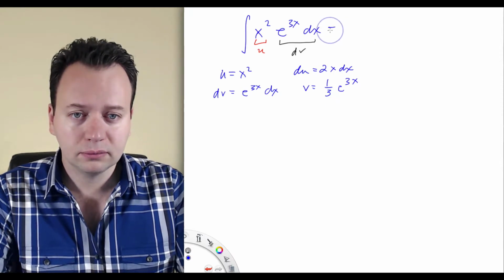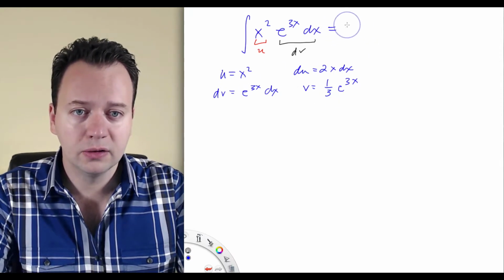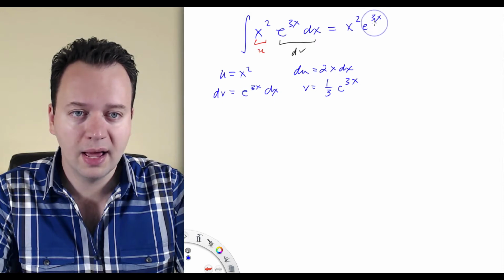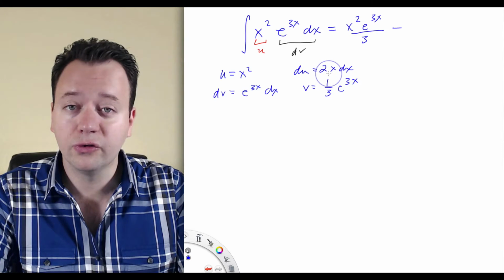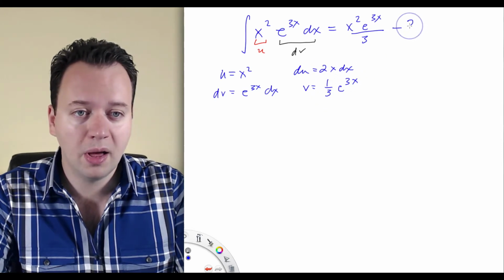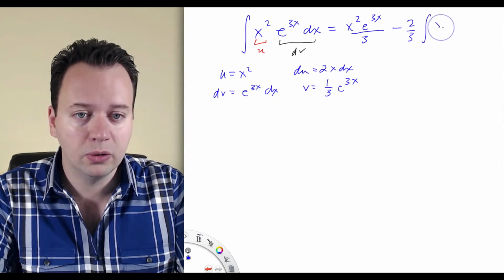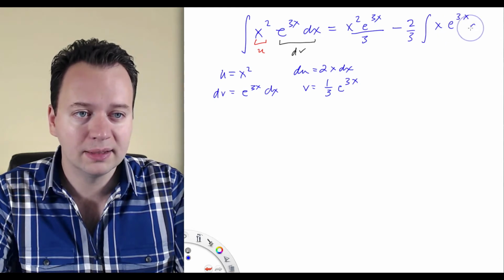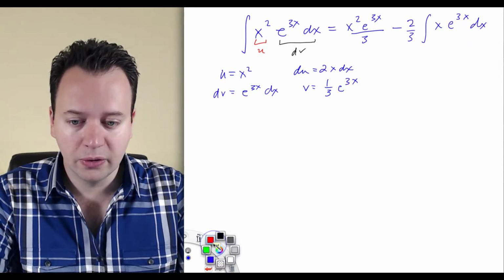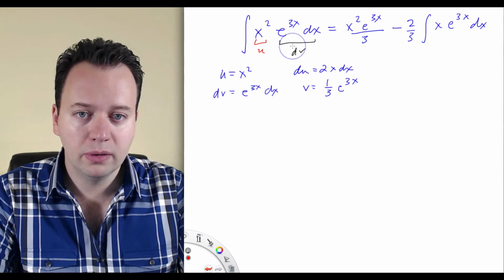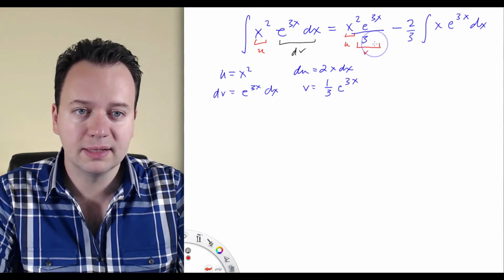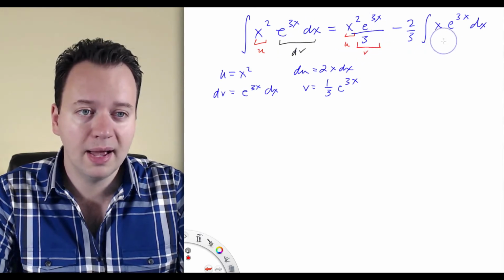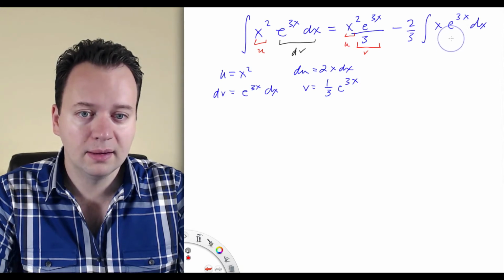So this is equal to uv, so that's x squared e to the 3x over 3, and then minus the integral of v du. For the coefficients, we get 2 times 1/3, so minus 2/3 integral of x e to the 3x dx, like that. So this was our u right here, and this one was v, the antiderivative of e to the 3x, and then minus v du.